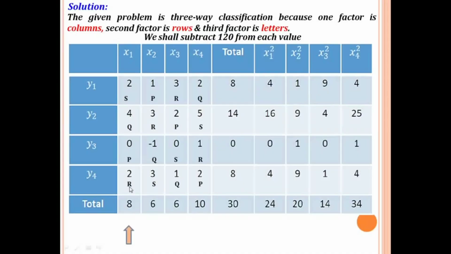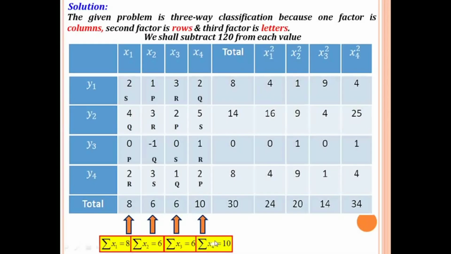Sum of x1 is 8. Similarly, sum of x2 is 6, sum of x3 is 6, and sum of x4 is 10. Once we complete column wise, we similarly add row wise.